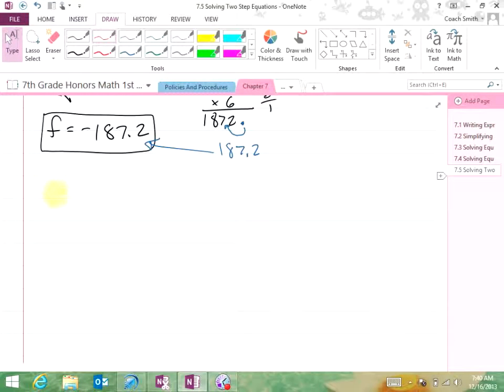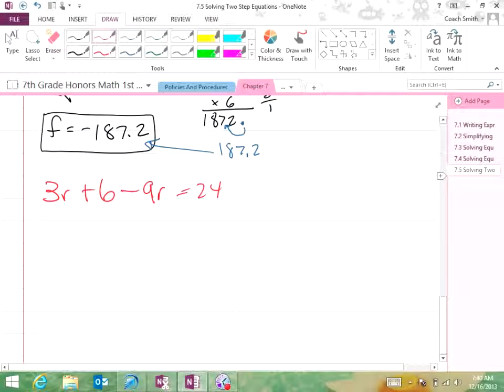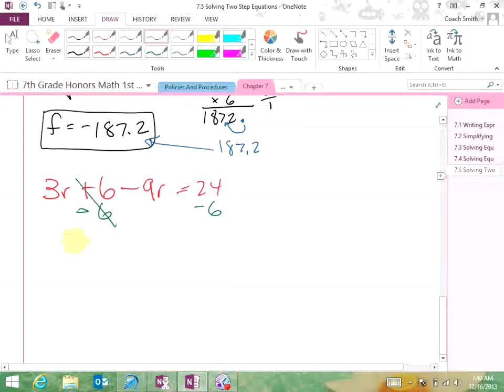Okay, 3r plus 6 minus 9r equals 24. First thing is to subtract 6 from both sides, and that leaves me, those two cancel, 3r minus 9r equals 18.